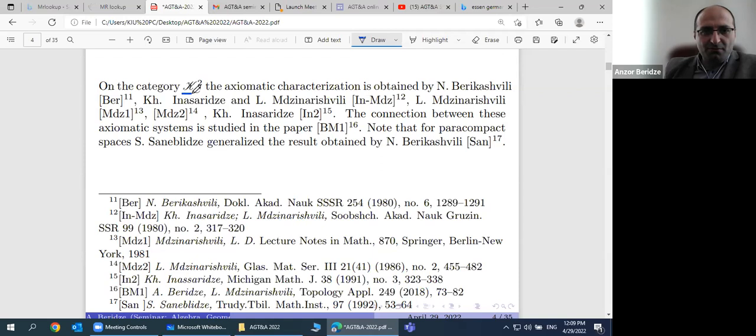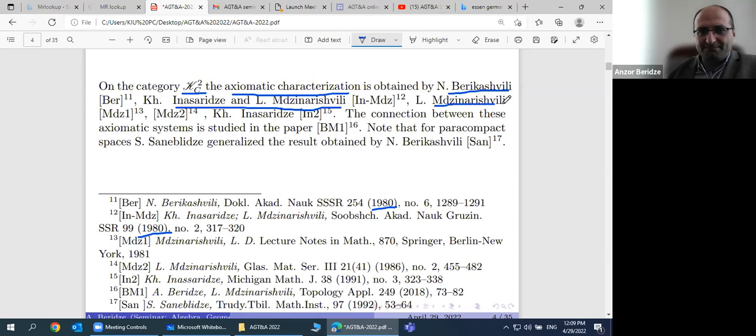And for compact topological spaces, the first axiomatic characterization was given by Beridze, and the first paper was published in 1980. Recently, there was a second paper, by Inasaridze and Tsinarishvili, giving another axiomatic characterization of exact homology theory on the category of compact topological spaces.